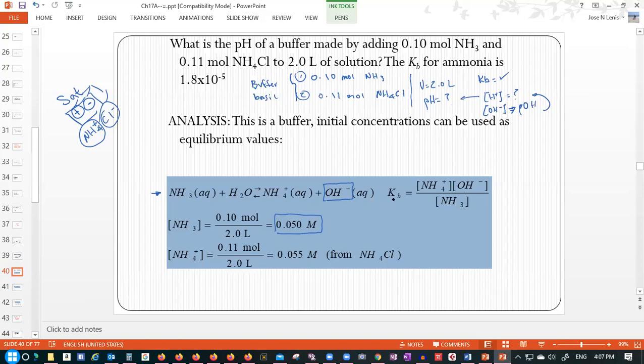Notice that we know this, and we know that. Here is the beauty of this. We don't have to make a table. That's good news. Whatever the initial concentrations of reactants are given, you can plug them directly into that formula.